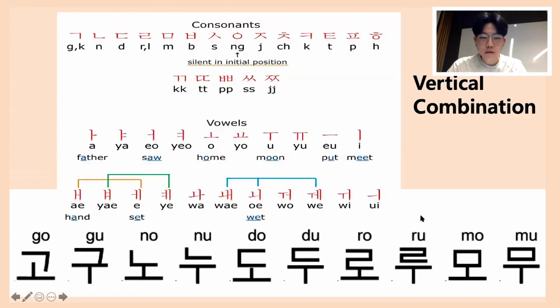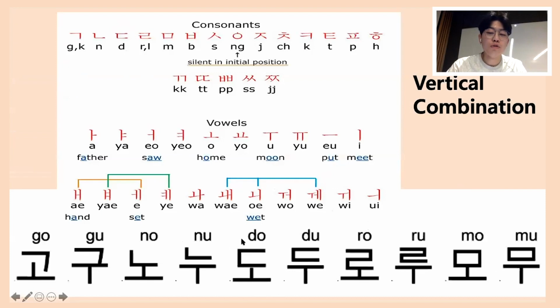So let's go. Here's the vertical combination. We'll go with this one. Da is the D sound, and the bottom one is the O sound. So together it's do.